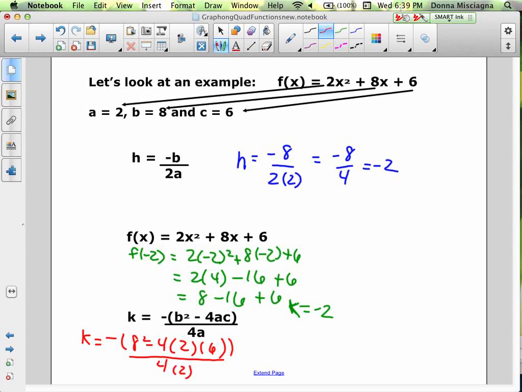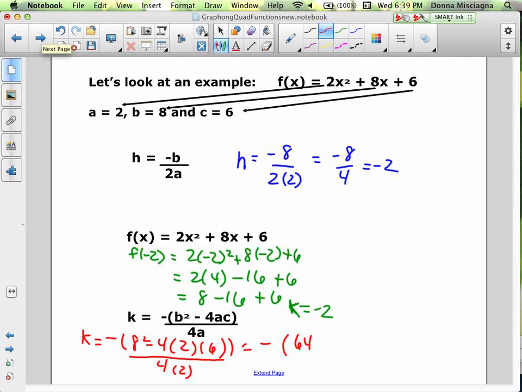All right, so that's 8 squared. My square is drifting into my negative sign, it looks almost like an equals. So we have negative 8 squared is going to be 64.